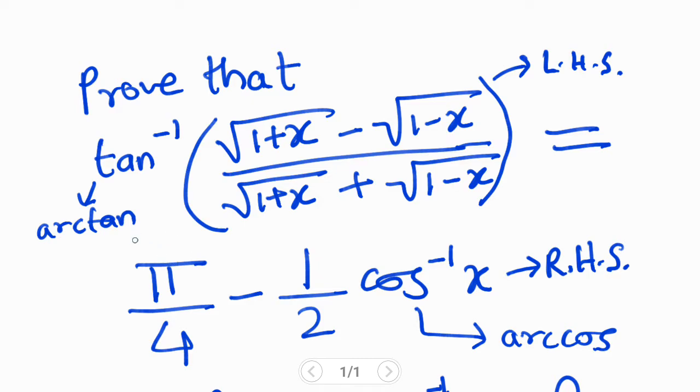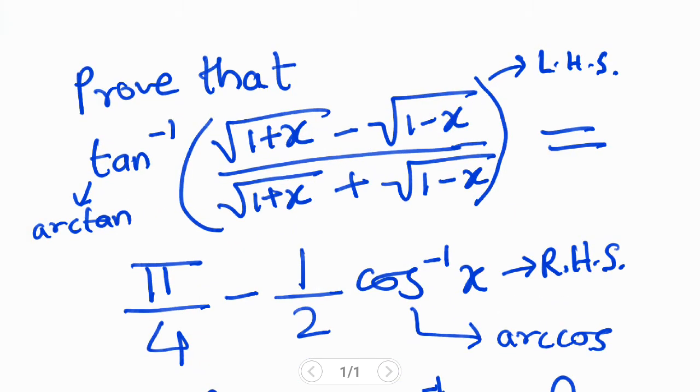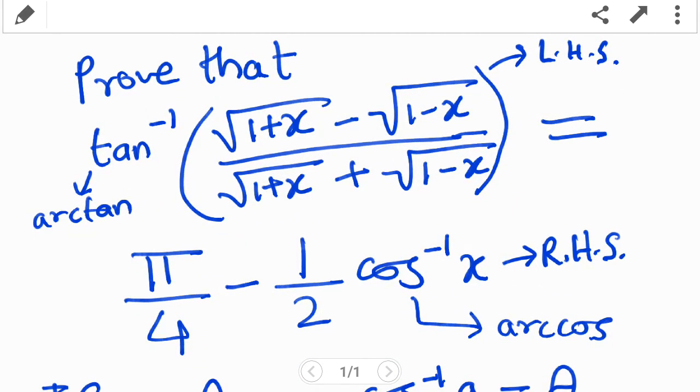So we can see that this is tan inverse of some fraction, right? So this will give out an angle, correct? So what angle will it be? Let us see.